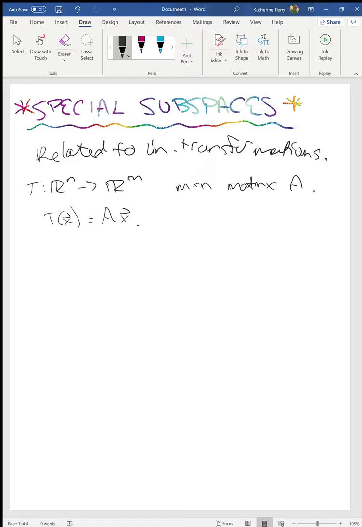All right, so I'm going to define these special subspaces in terms of this associated matrix A.